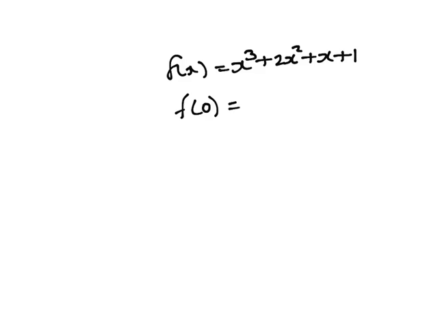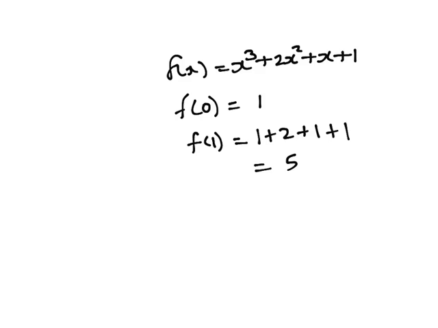So let us say f of x equal to x cube plus 2x square plus x plus 1, for example. Okay, now again for this cubic function, whatever real number you substitute for x, you'll always get again a real number outside. For example, if I want to find f of 0, then I'll get 1 as the answer, right? If I want to find f of 1, then I'll get 1 plus 2 plus 1 plus 1, which is nothing but 5.